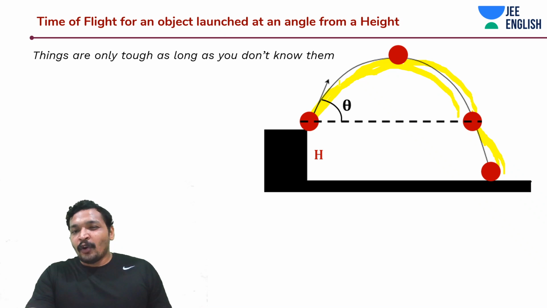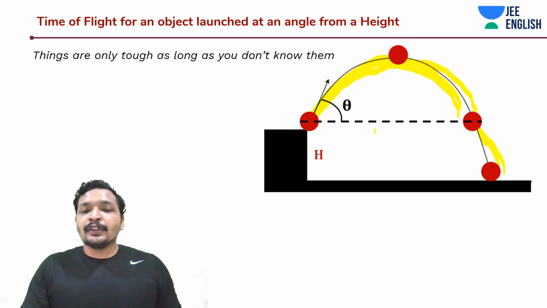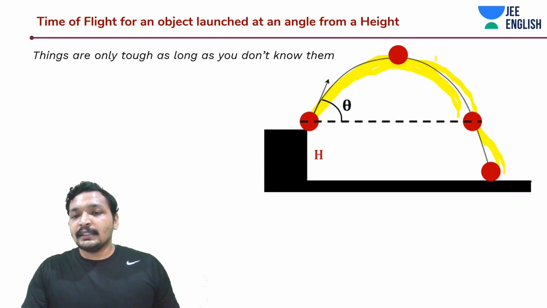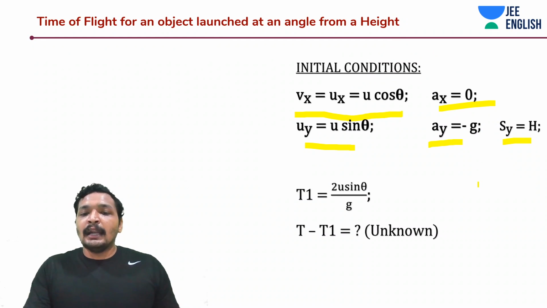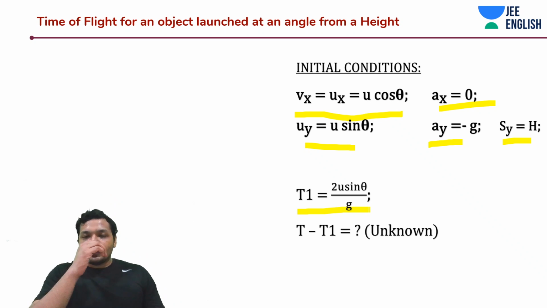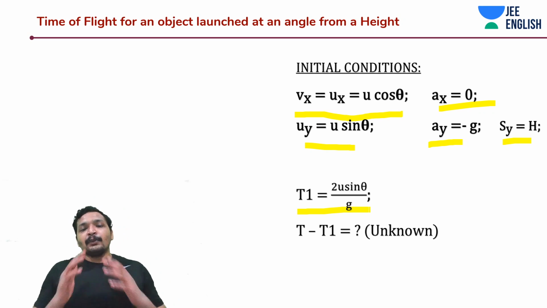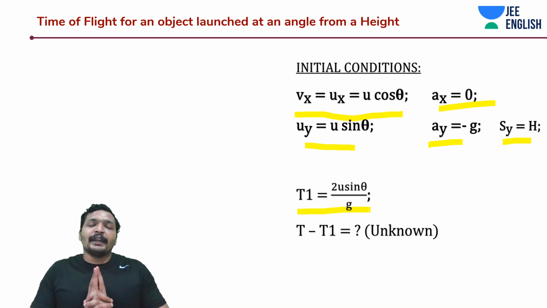So we already know the time of flight for this. We have already calculated this, and I'm assuming this total time of flight is t, and I'm taking that t1 is the time it takes to complete this first part of the projectile motion, that is the level plane projectile motion. Now we need to calculate t minus t1, where t is the total time of flight. So how do we do this?